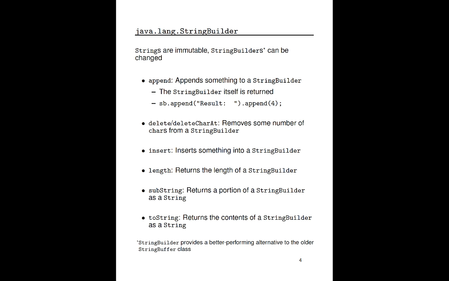You also get the length and a substring within the string builder. And interestingly enough, when you want to convert a string builder back into a string, you just call the toString method, which kind of makes sense, right? Every object inherits a toString method from java.lang.Object, and the implementation of string builder's toString method is to return the string that is represented by that string builder.